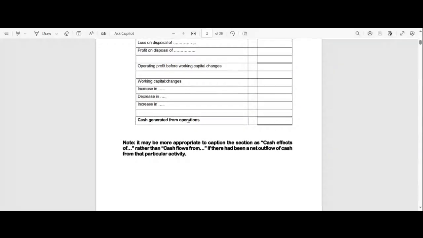Then, ladies and gentlemen, we have converted this profit before tax, which we now know we find on the face of our statement of comprehensive income, into a cash flow that only relates to our operations, our every minute, every second trading activities.